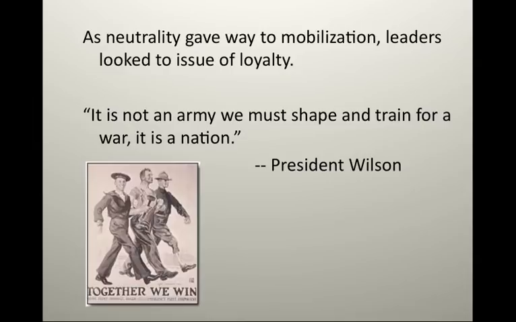As Woodrow Wilson put it, it is not an army we must shape and train for a war. It is a nation. And so the theme of conformity, the theme of unity, will be now a central preoccupation of the federal government as America busies itself to enter the war in 1917.